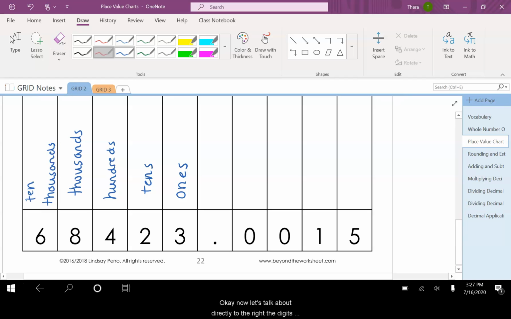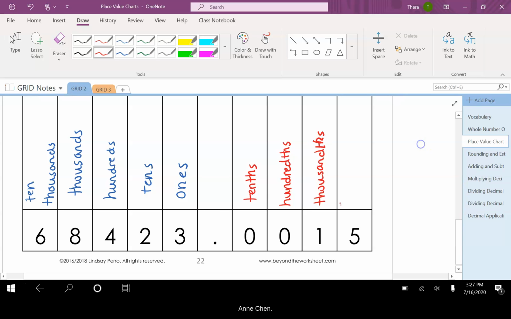Okay, now let's talk about directly to the right. The digit directly to the right is the tenths. So tenths with a TH, hundredths with a TH, thousandths with the TH, and 10,000ths.